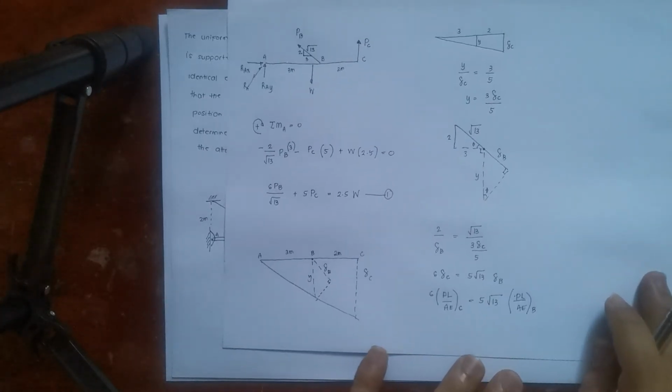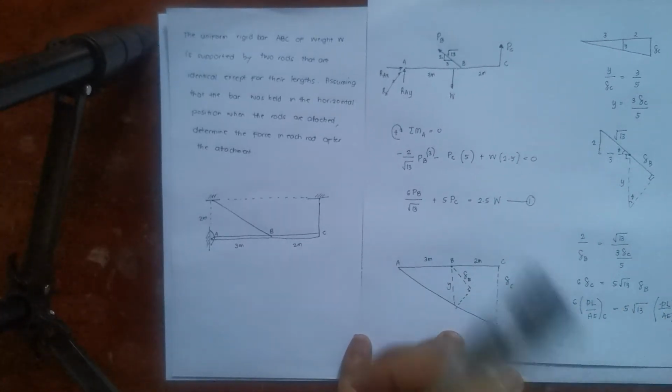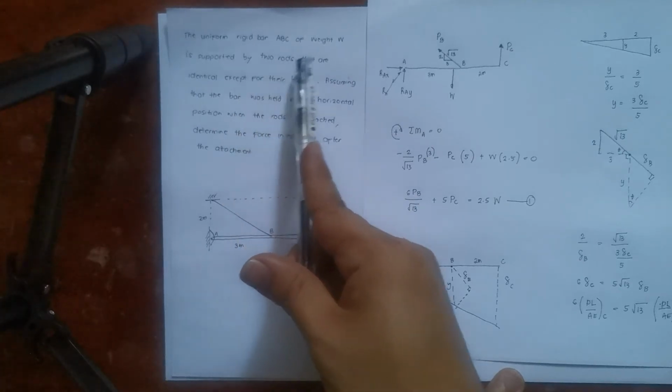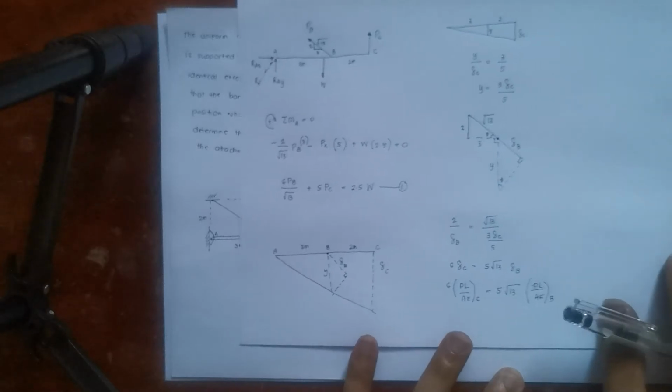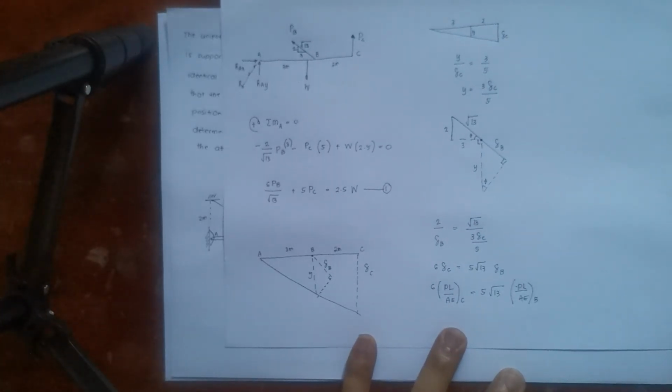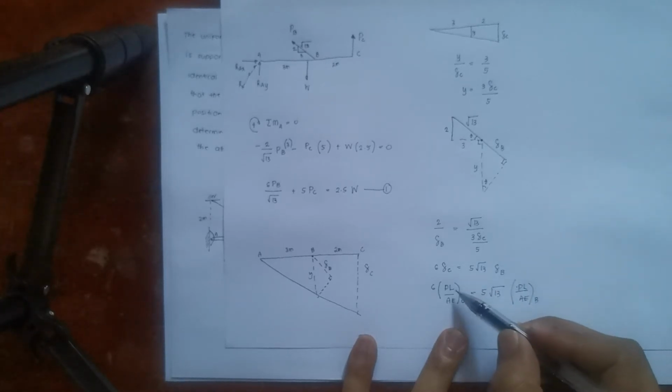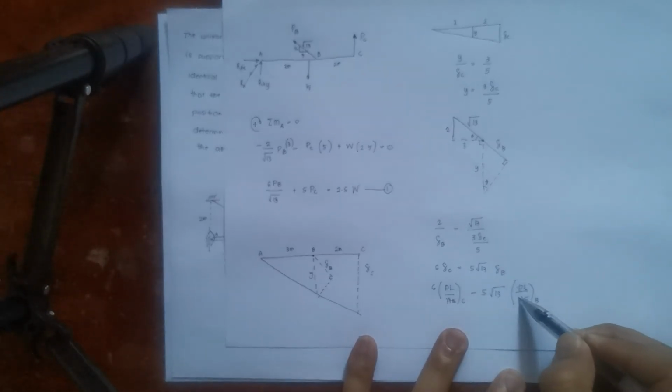Simplify lang po natin. Ang sabi kanina sa problem natin, the two rods are identical except for their lengths. So, ibig sabihin, identical, parehas po yung cross-sectional area at saka yung modulus of elasticity. Except for the length lang daw. So, cancel na to.